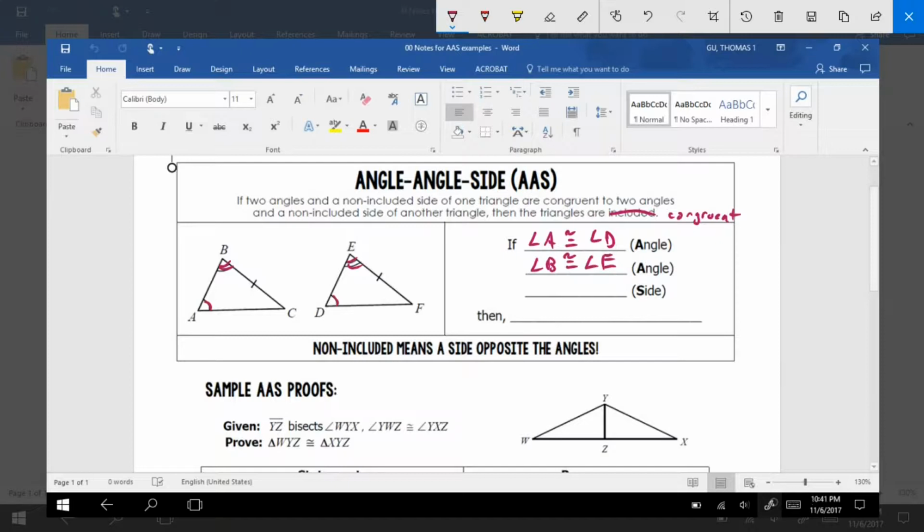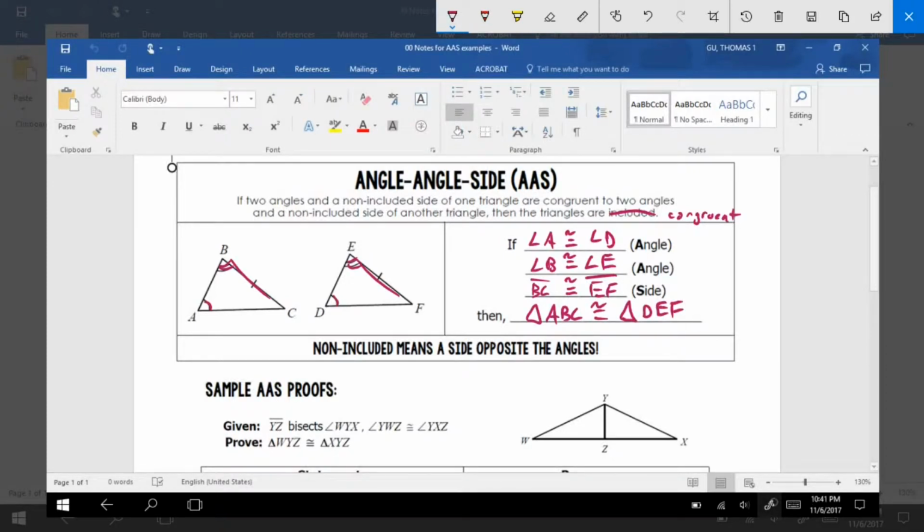So look at our side. We've got right here, BC is congruent to EF. So BC is congruent to EF. So that means we have an angle, an angle, and a side. And that means our two triangles are congruent. So that means triangle ABC is congruent to triangle DEF.